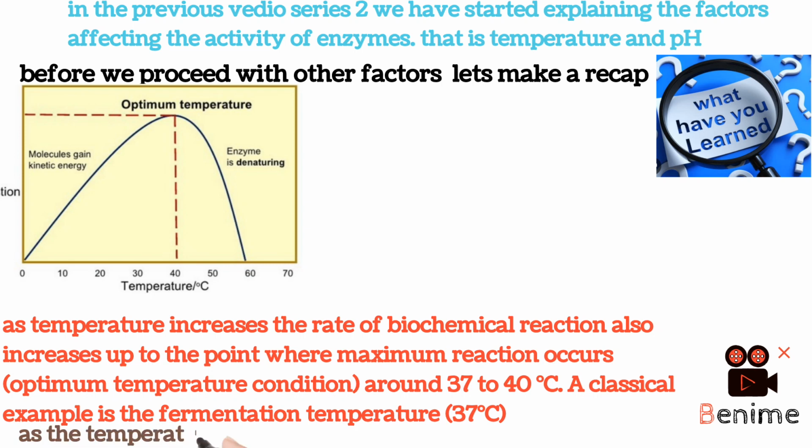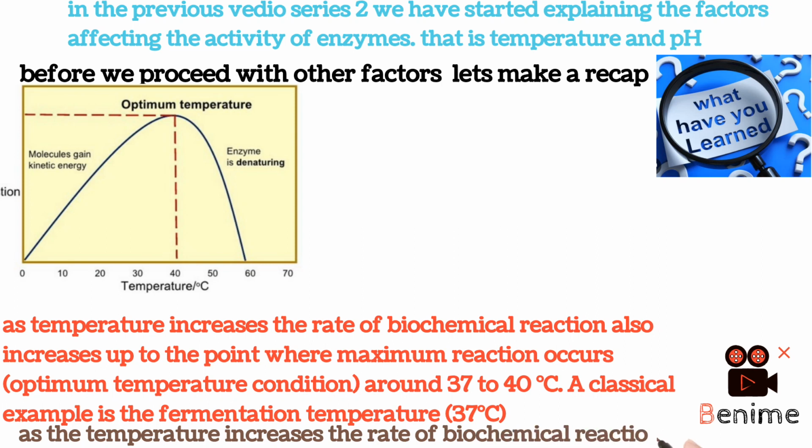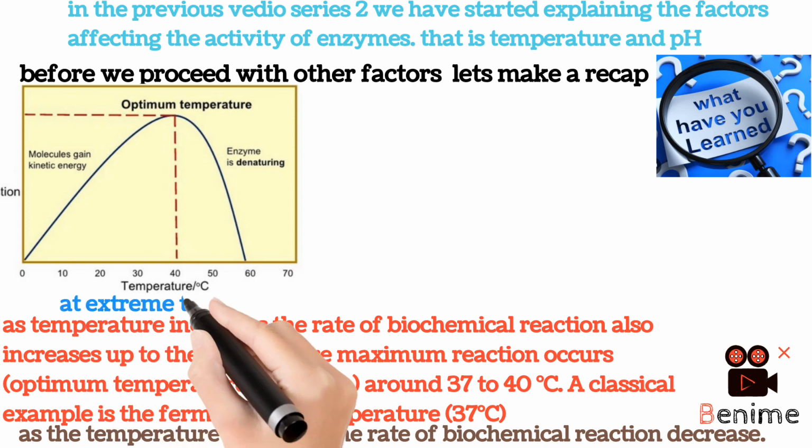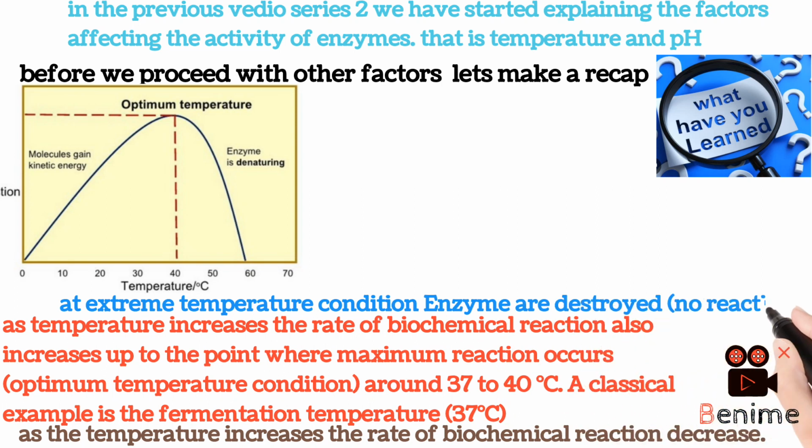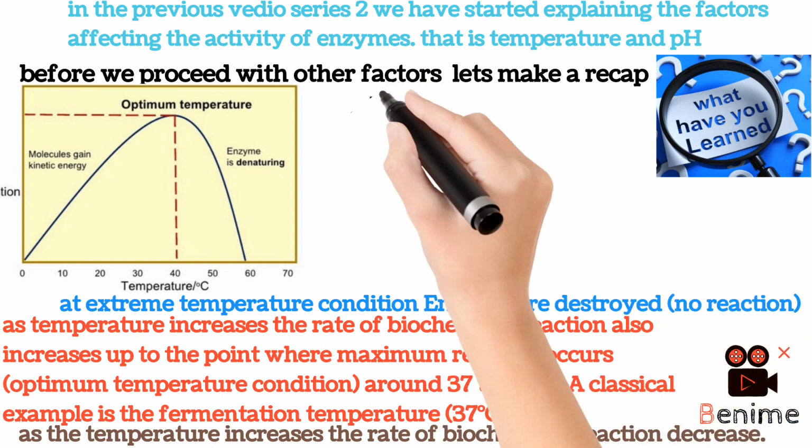Above the temperature range, increase in temperature causes decrease in the rate of biochemical reaction. At extreme temperature condition, the enzymes are destroyed, meaning that the enzymes cannot perform their activity, meaning that the enzymes are denatured.